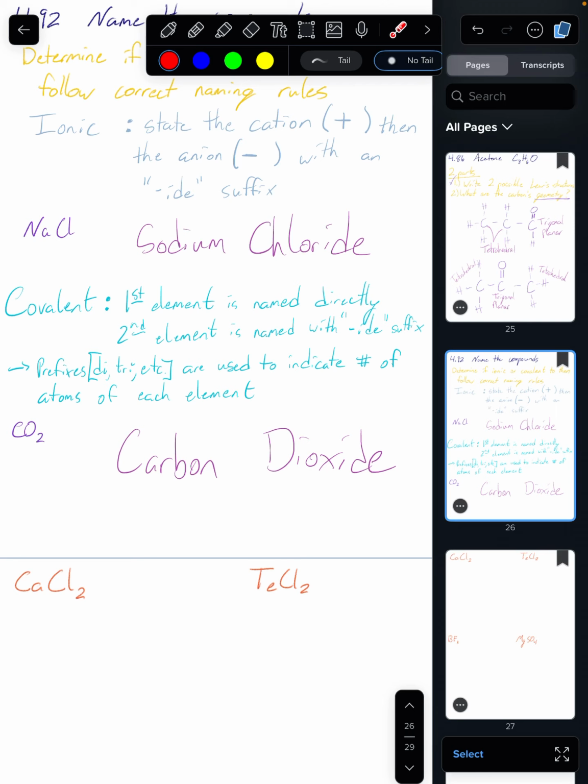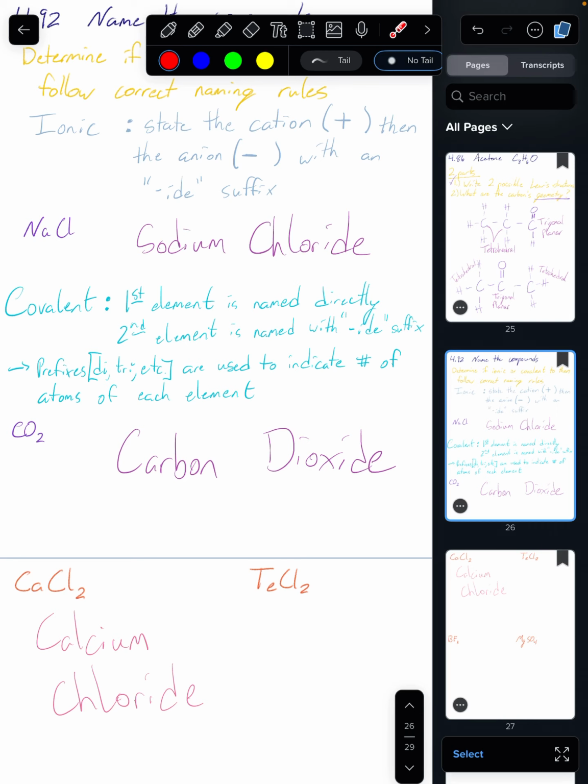So you only need to name the first one, the positive one, then the second one, and just add "ide." So, this is going to be calcium chloride. We don't need to add any di in here for 2 because it is ionic.